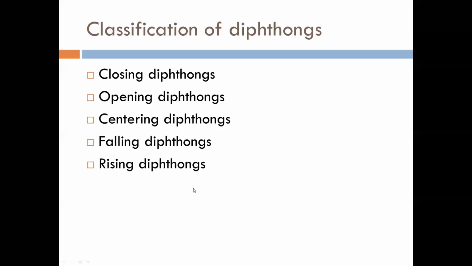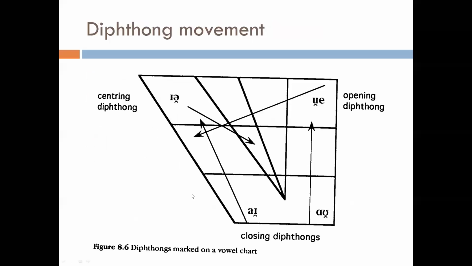And finally, we have our falling and rising diphthongs, and that is just differentiating which part of the diphthong is longer. You can have either that first part, which we symbolize with a symbol here in this chart.